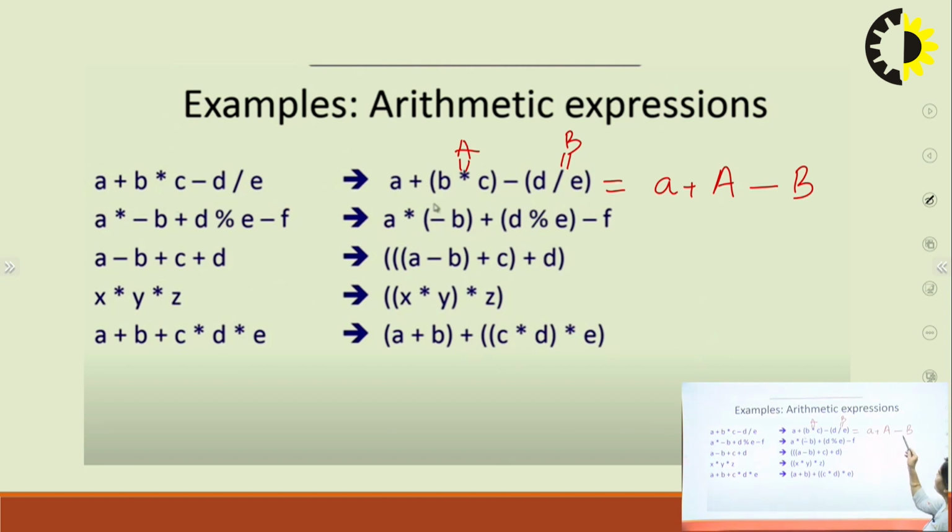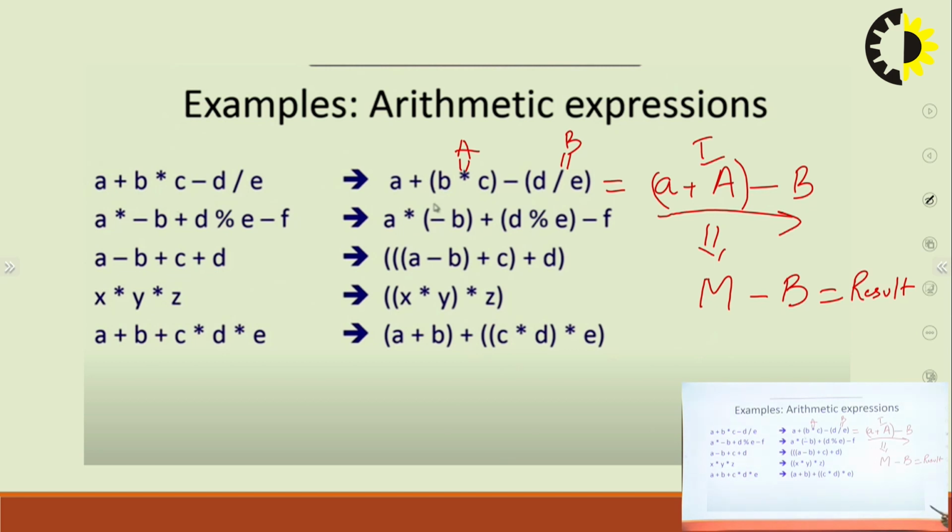Now plus and minus are there, also with the same precedence, so this will be evaluated from left to right. We will first evaluate this, and the result will be, let's say this is m, and then m minus b, and further the result.